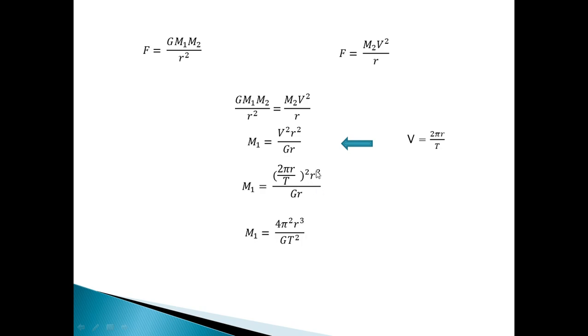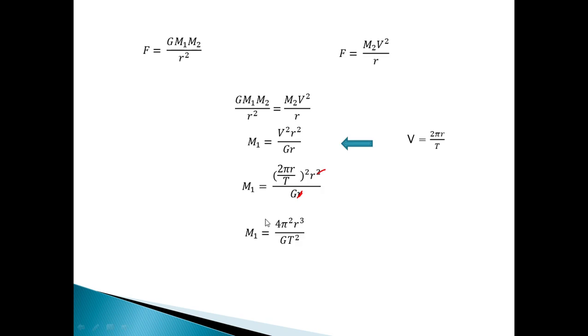But remember, one of the r's cancels out with the denominator, so you are left with one r. That's why in the end you have r cubed over G and T squared. Remember the T also gets squared, so you get this formula. Okay, so this is the way to prove the formula.